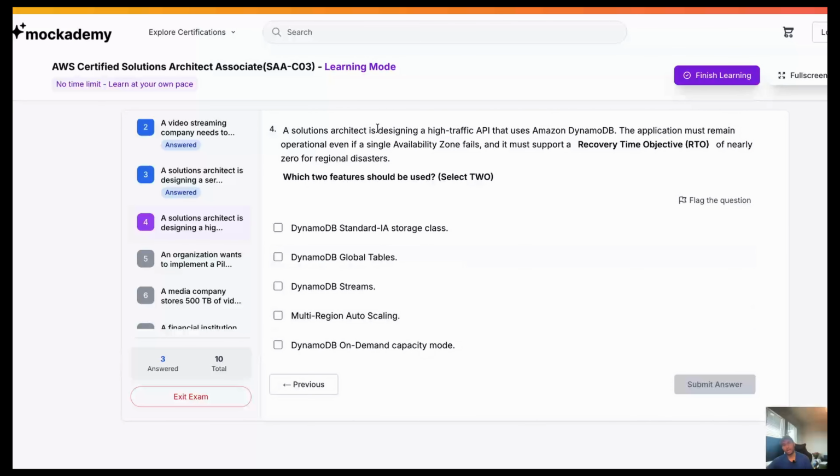A solutions architect is designing a high traffic API that uses Amazon DynamoDB. The application must remain operational even if a single availability zone fails. It must support a recovery time objective (RTO) of nearly zero for regional disasters. Which two features should be used?